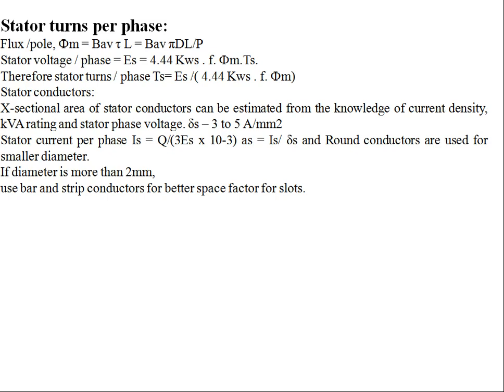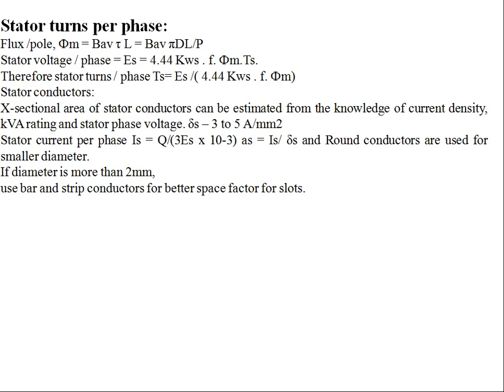Then the stator voltage per phase, ES, will be 4.44 f phi m TS into kWs. Here TS is the number of turns per phase in the stator, and kWs is the stator winding factor.